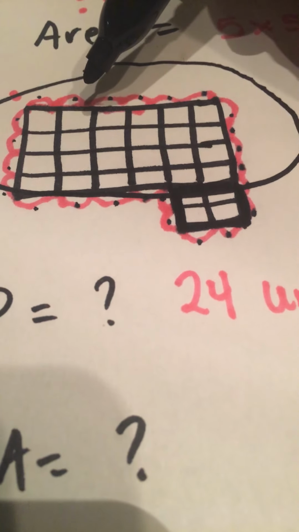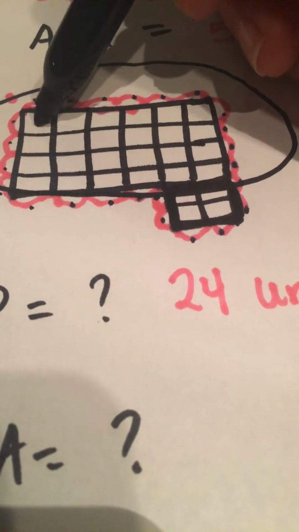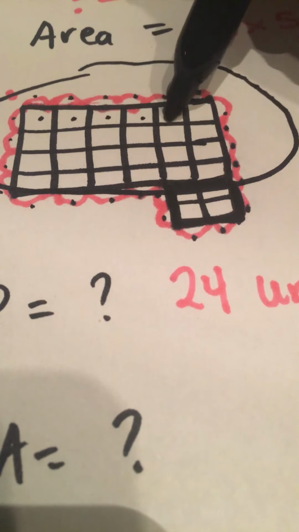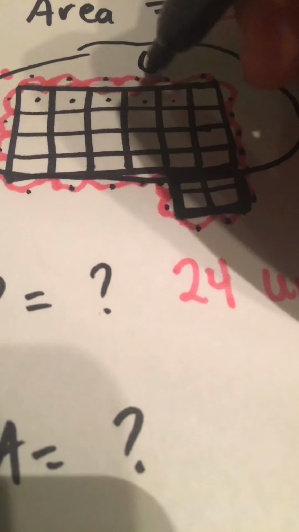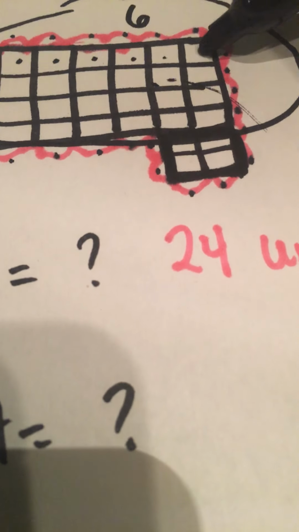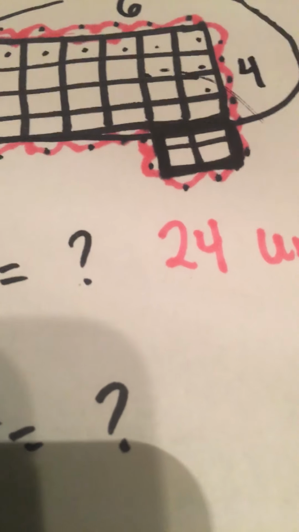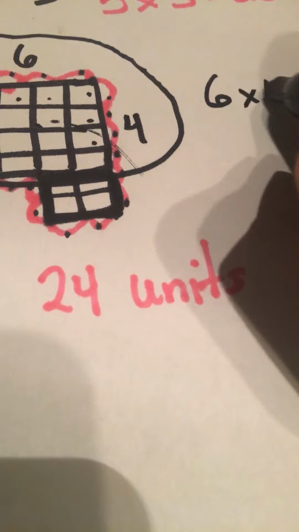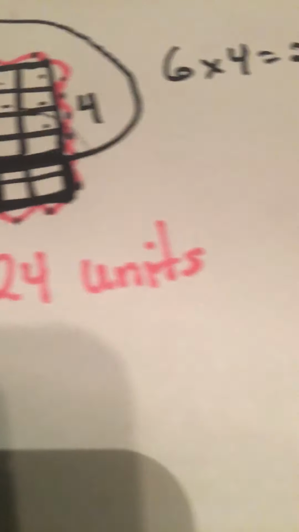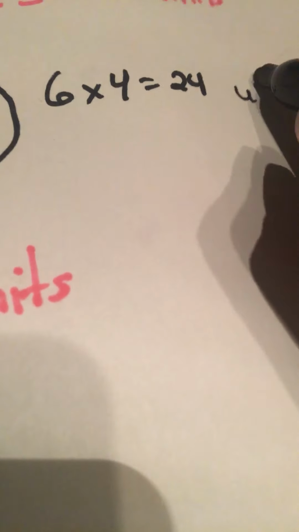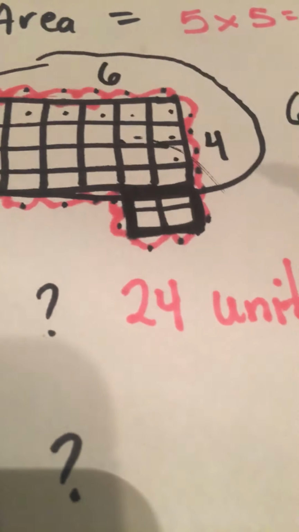But I'm going to figure out the area for this rectangle, which would be 6 this way and 4 this way. So I would take my 6 times 4 equals 24 units squared for just this section here.